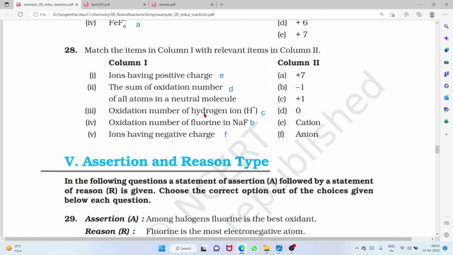Oxidation number of the hydrogen ion, because this is a single atom with a charge, so that is positive 1. Oxidation number of fluorine is always negative 1. This one. Ions having a negative charge are called anions.